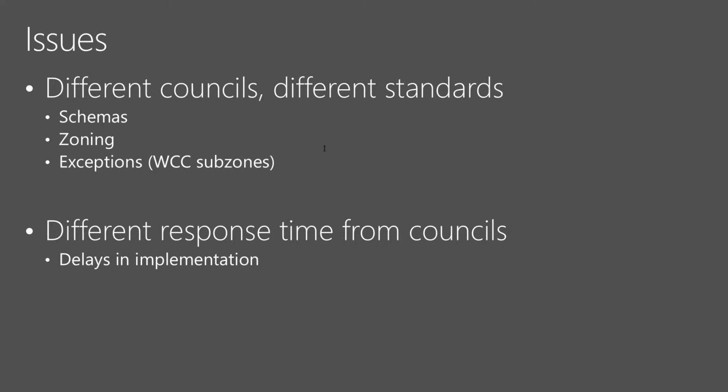That also means including exceptions like subzones from Wellington City Council or Kapiti Coast as well. So a lot of work just to get the data from the councils and interpret it, and how we're going to put it correctly within our rule. Since we do have different councils, we had to handle these responses, and sometimes it did cause a delay in getting the data back.